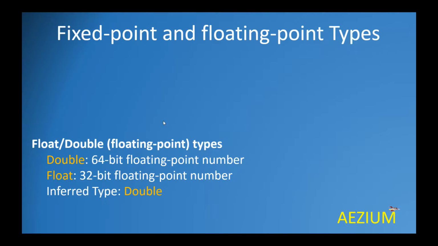The floating point types include Swift's Float and Double. Double is a 64-bit floating point number, whereas Float is a 32-bit floating point number. Again, when we're dealing with inference, Swift assumes Double to be the data type to use.